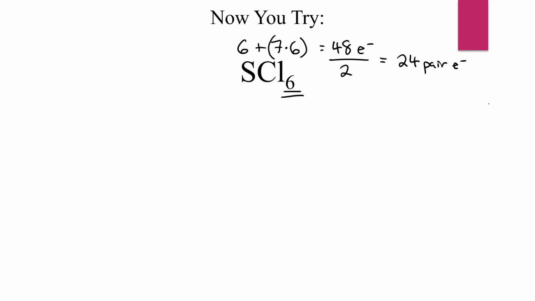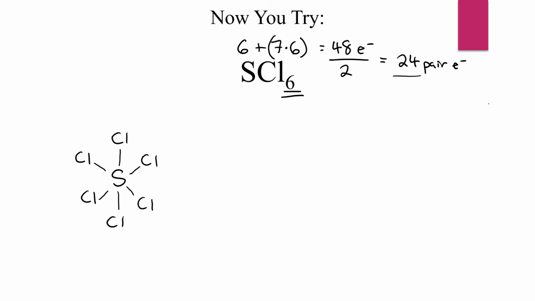Okay, so now let's draw it out. I have S, and now I'm going to place my chlorine atoms around S. So 1, 2, 3, 4, 5, and 6. Then I'm going to count down by placing the bonds to them. So 1, 2, 3, 4, 5, 6.